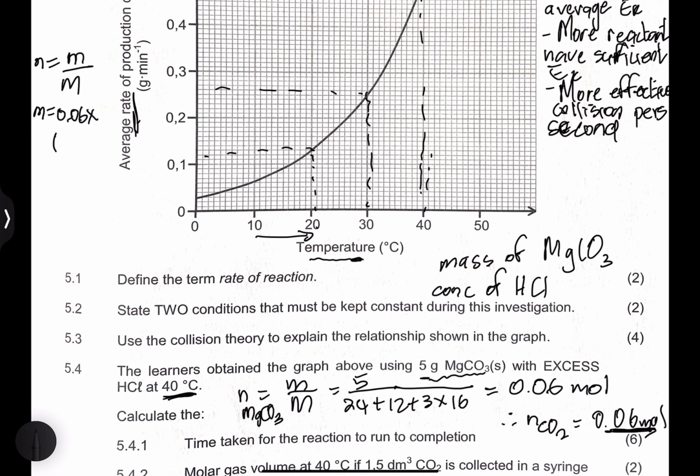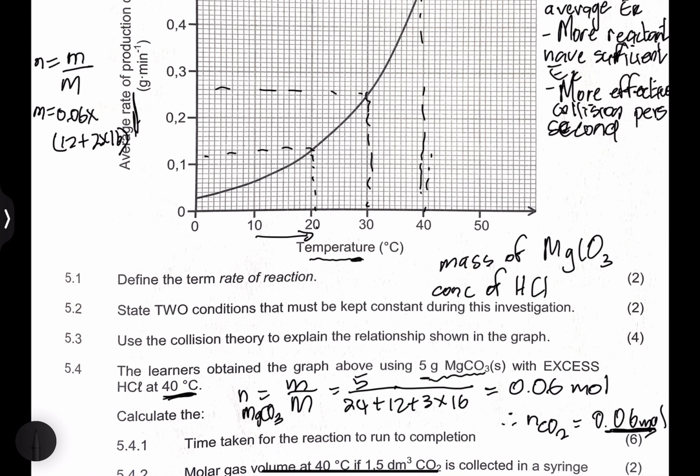Once again, go to your periodic table. Carbon is 12 plus, not multiplied by, but plus in this case, carbon dioxide with 2 oxygens, 2 times 16. Okay.